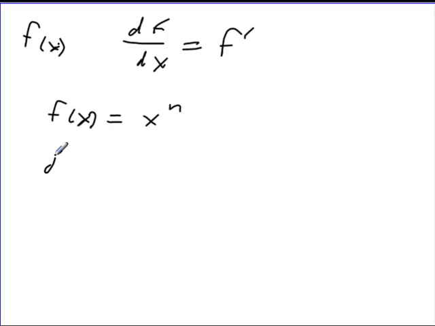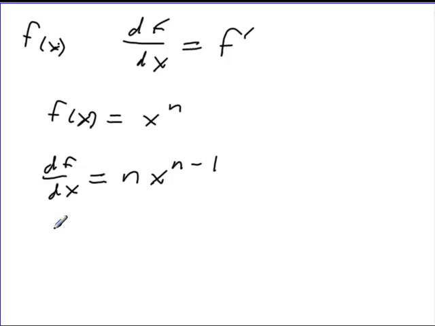Well then, df dx, we're simply going to take the n and bring it down in front. So we multiply what we get by n. And then it's x to the n minus 1. So let me give you an example.